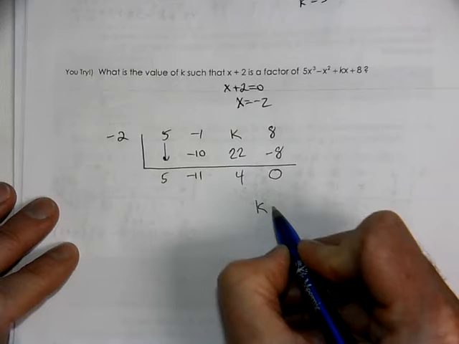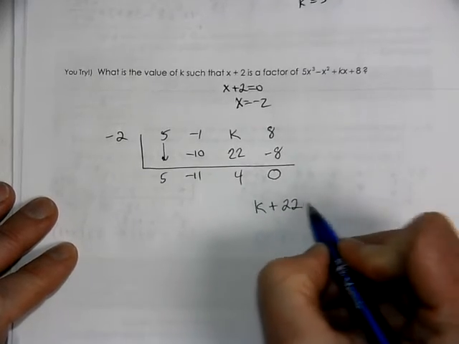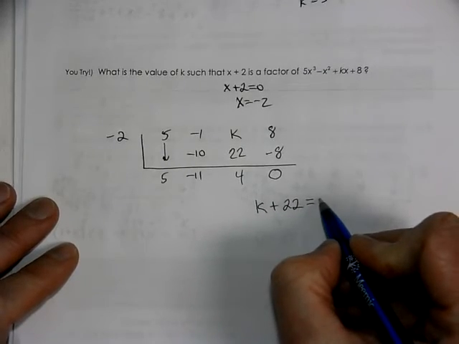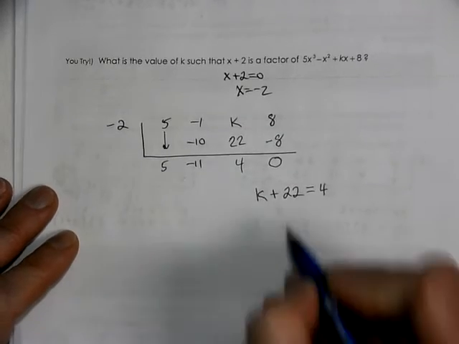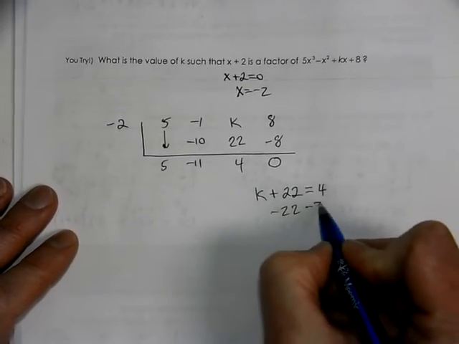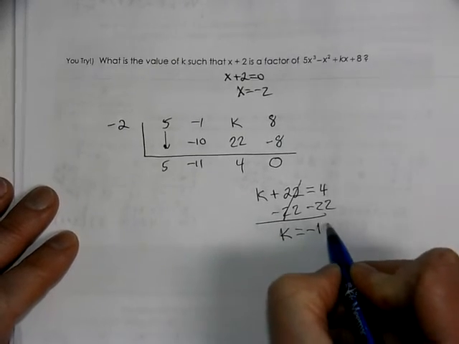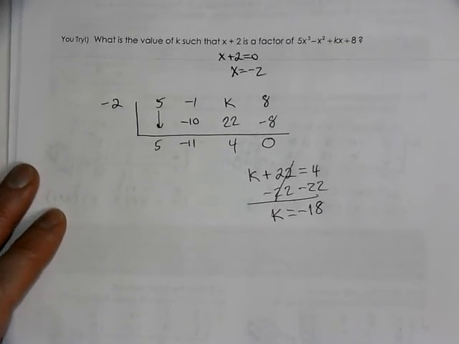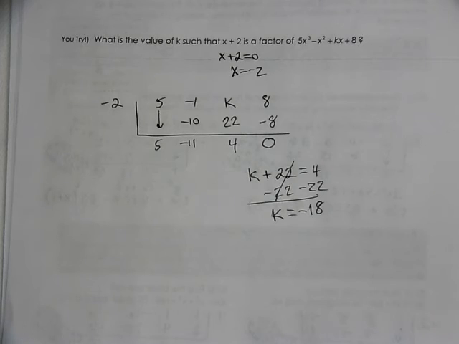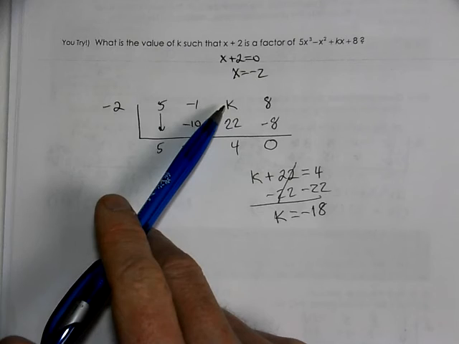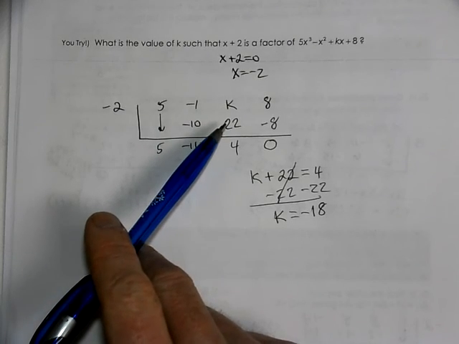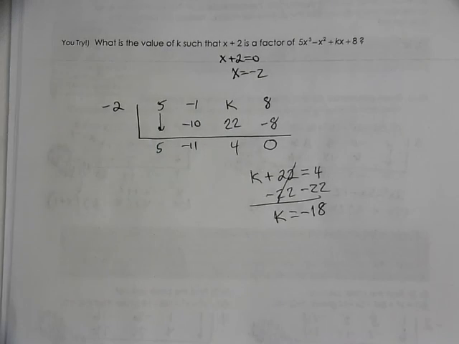So now I have k plus 22 that is giving me a positive 4. Minus the 22, k must be negative 18. Negative 18 and 22 gives me 4, and that looks right.